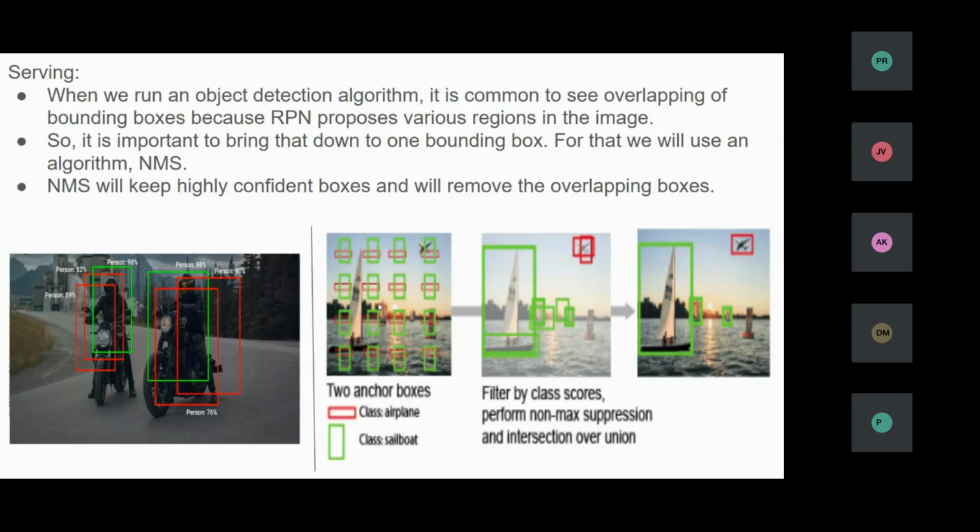On the image on the right, you can also see in the middle image where the bounding boxes overlap on the ship as well as the plane. But after applying non-max suppression, they are brought down to one, using NMS, and the most confident box out of them is the only one selected.